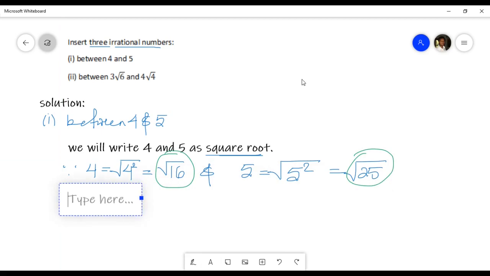And so here, remember, we are inserting irrational numbers.